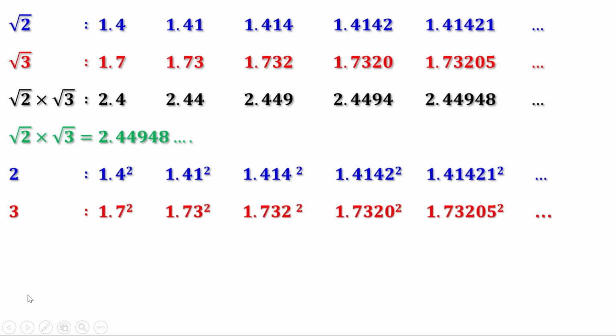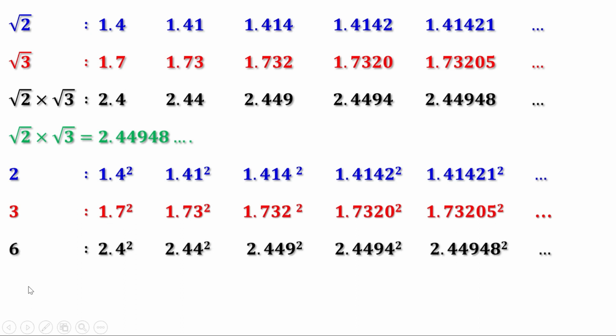Therefore, we can say 2.4 square, 2.44 square, 2.449 square, etc. get closer and closer to 6. Hence, 2.4, 2.44, 2.449, etc. get closer and closer to root 6. Or we can say root 6 is equal to 2.44948, etc.